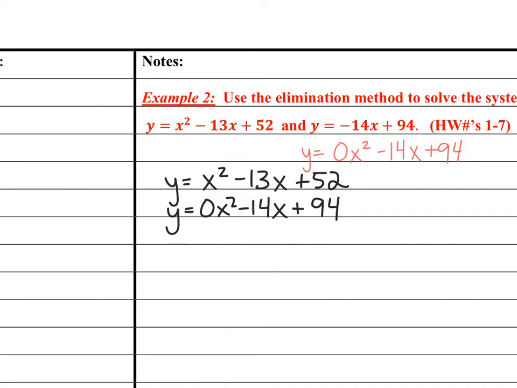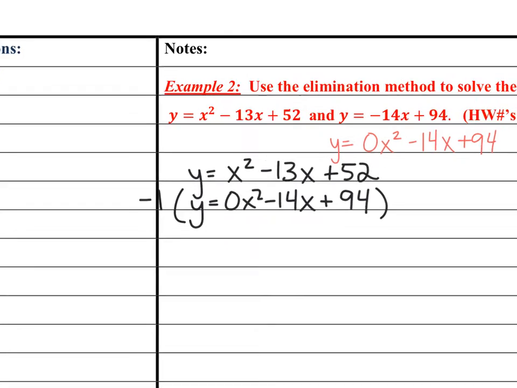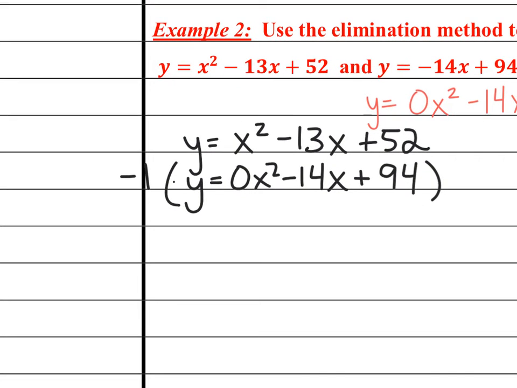Now I'm going to get rid of my y's. If you notice right now, they're both the same sign, and so I'm going to multiply this equation by -1, which would get me -y, -0, that doesn't really matter, plus, and then -94.